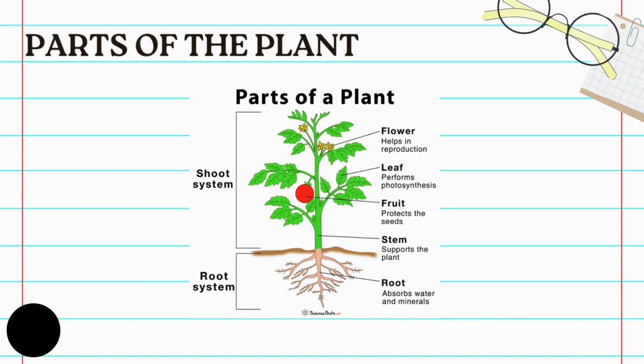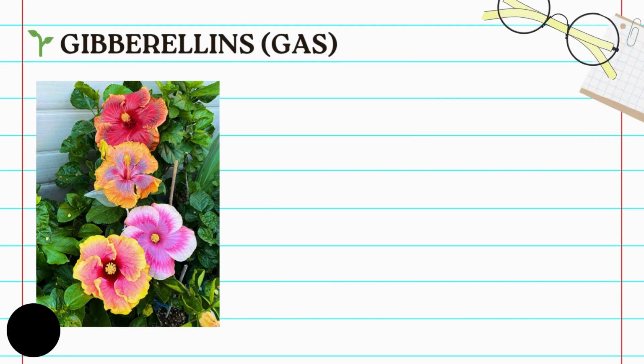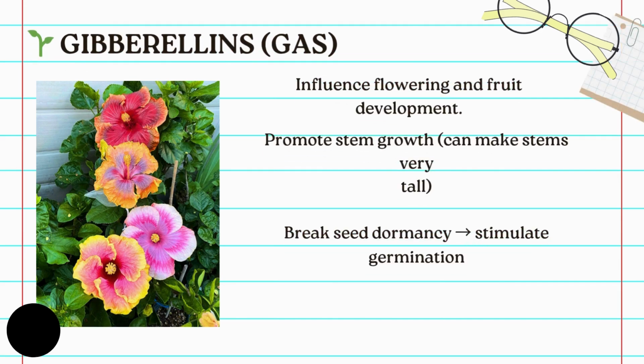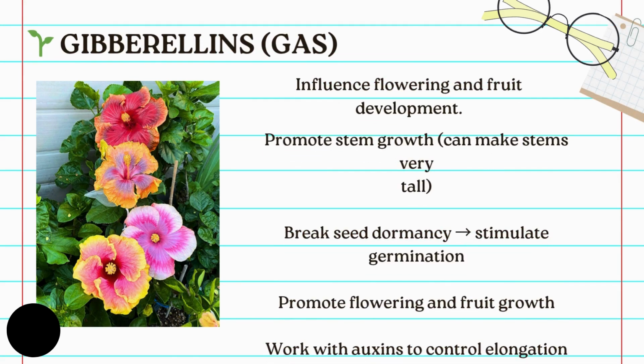The first hormone we'll be looking at, very hard to pronounce, is gibberellins. Gibberellins is the hormone, or should I say a gas, that mainly helps with flowering and fruit development. Its main function is the sprouting of flowers and fruits in plants.